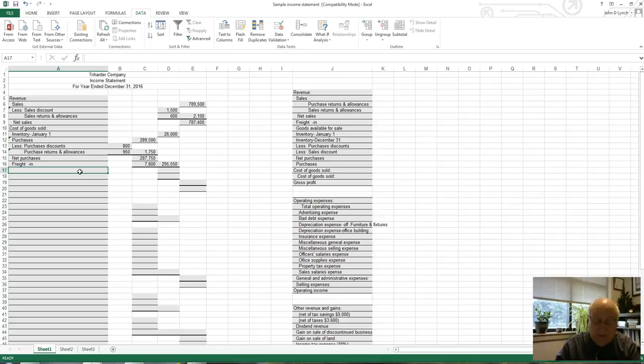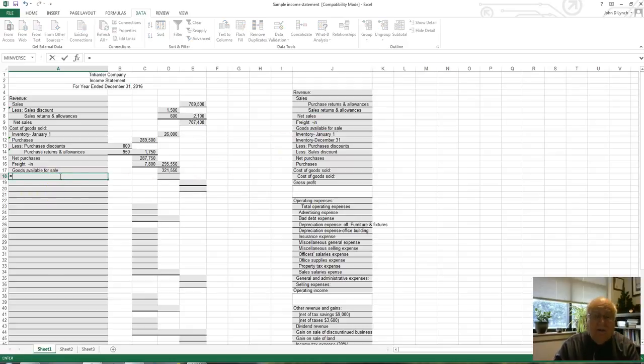That's my cost of goods purchased, really. And then we add that to the $26,000 beginning inventory, so $295,550 plus the $26,000 to come up with $321,550, and that is my goods available for sale.